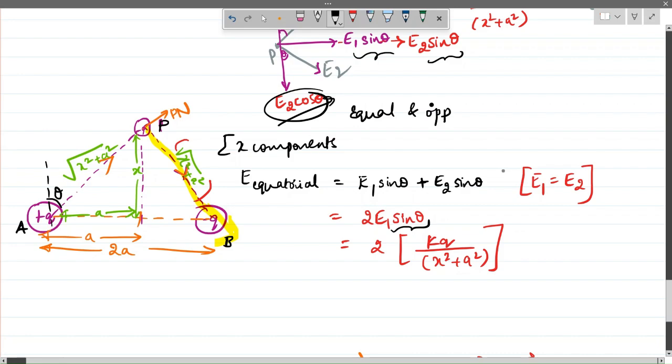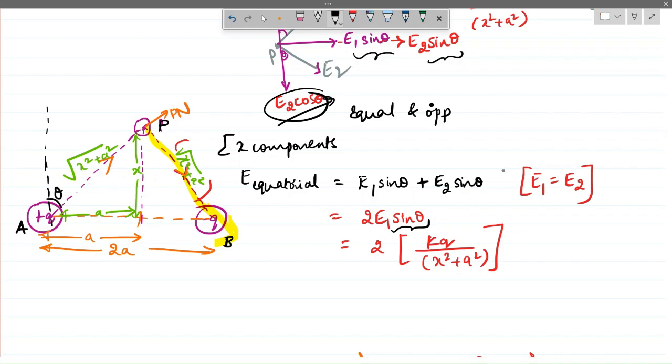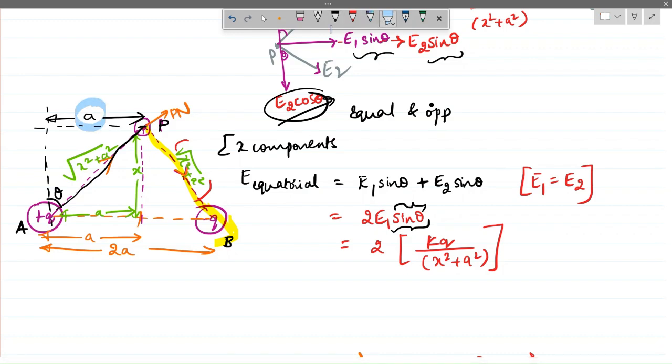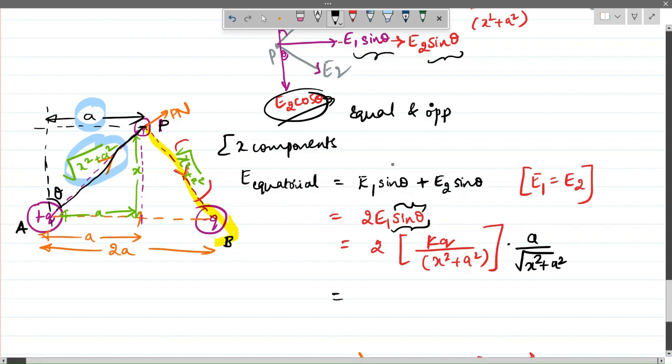This is theta. If you extend this, this will be a, right? And this is our hypotenuse. So sin theta is equal to opposite, that is a, divided by hypotenuse, root of x square plus a square. Let us write that down. Therefore, 2 into k into q into a divided by x square plus a square to the power 1 into power 1 by 2, that is x square plus a square to the power 3 by 2.